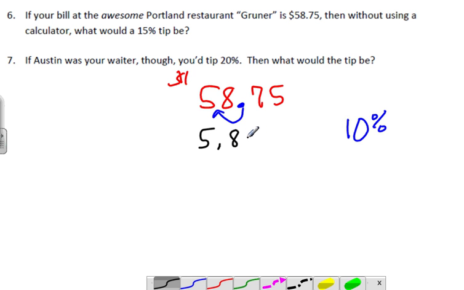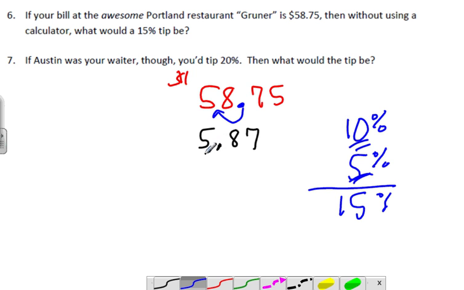So about $5.87, $5.88, and then 5 more percent gives us the 15%. And since 5% is half of 10%, we'll just take half of this value. So half of 5 is 2.50, and half of 87 cents is about 44 cents. So it's about $2.94.